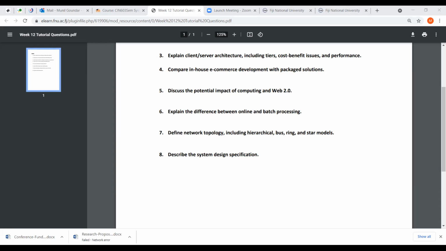Next point, a client-server system is scalable.